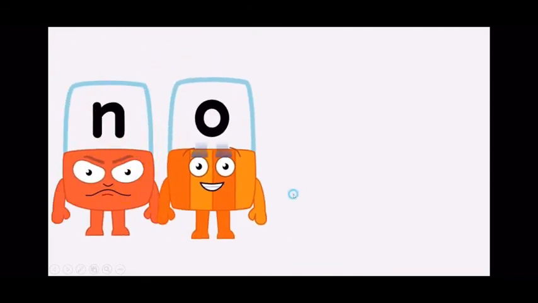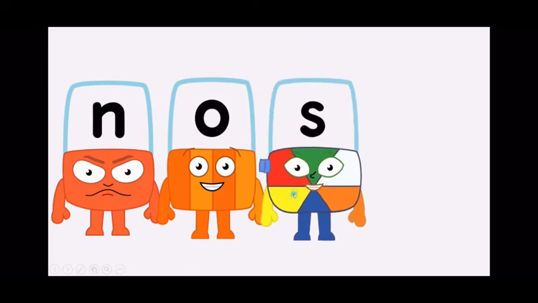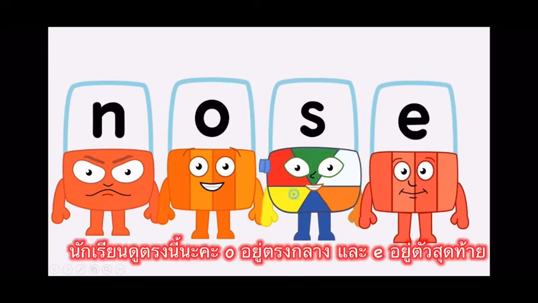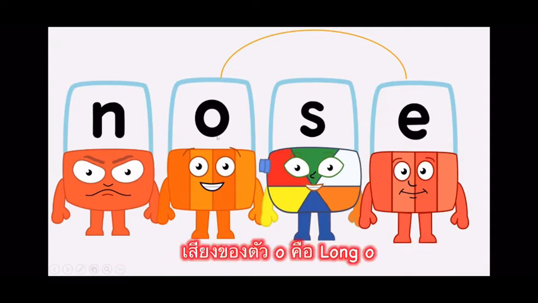We have N-O-S-E. So you take a look at here. We have O in the middle and the word nose ends with E. So the sound of the letter O here is long sound.